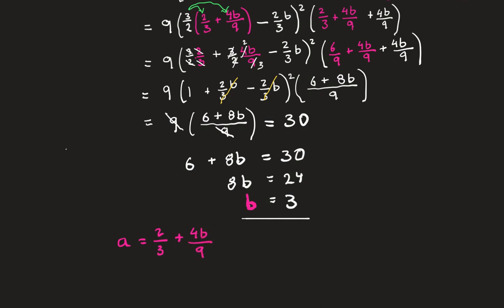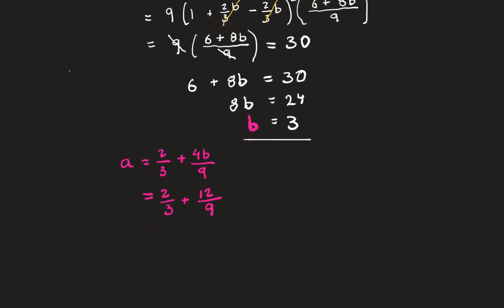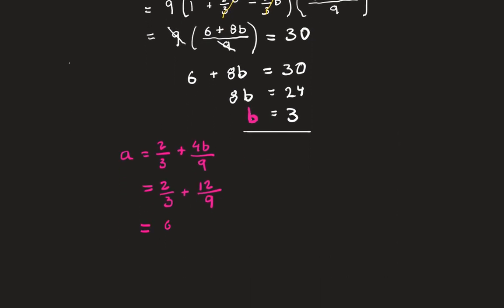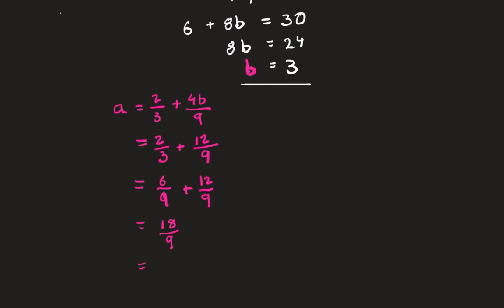So we can substitute 3 in there, and that will be equal to 2 on 3 plus 4 times 3 is 12 over 9, which can be put into 6 over 9 plus 12 over 9, and that will be 18 over 9, which is simply 2. So a is equal to 2.